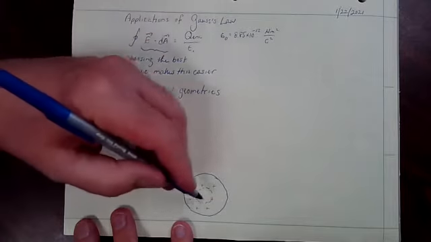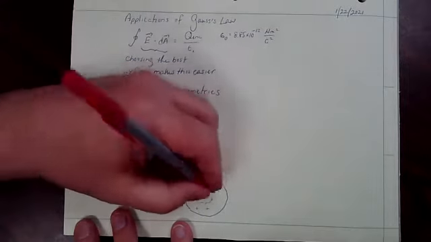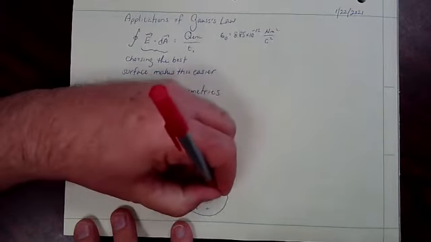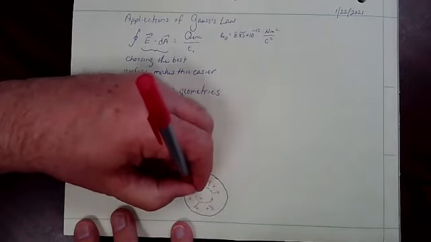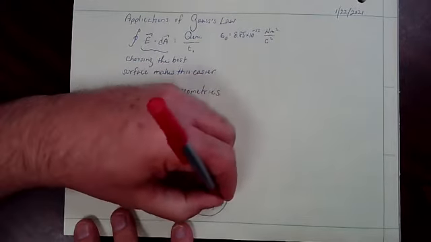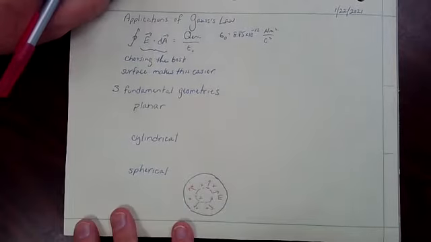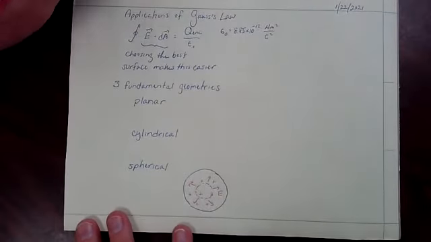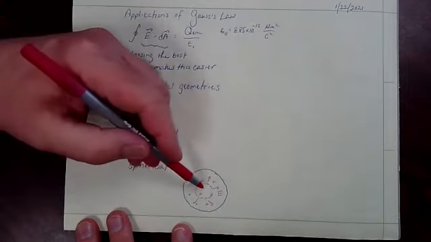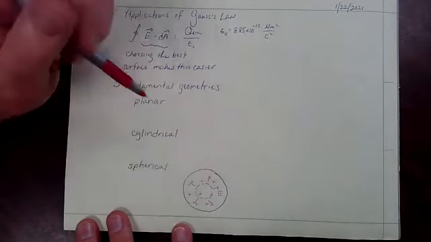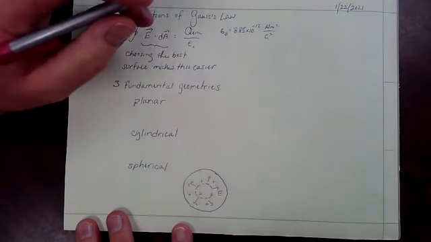Because for the charges that are enclosed, the electric field is going to be radially outward. So that's the direction of our electric field. It's radially outward. And obviously this is supposed to be spherical, so theoretically they'd be coming at us on the near side and going away from us on the far side.